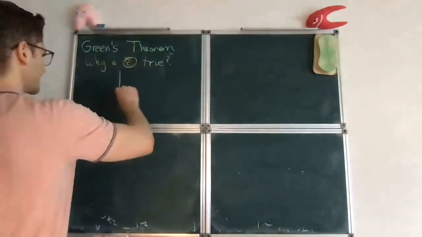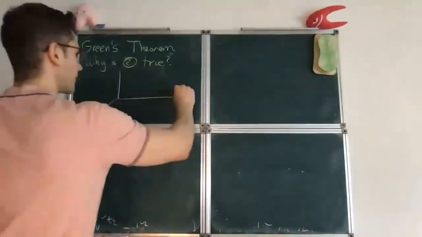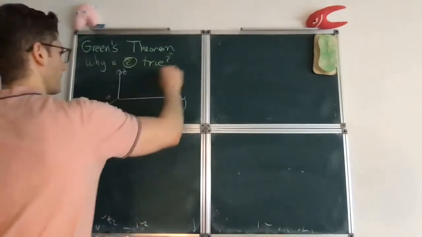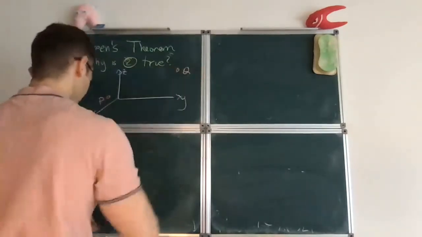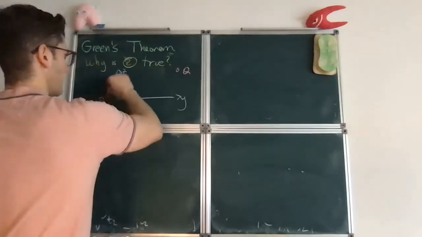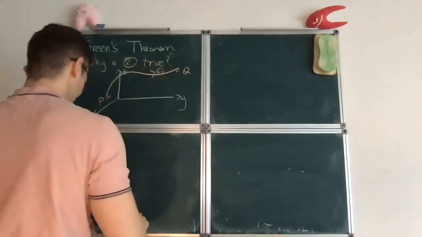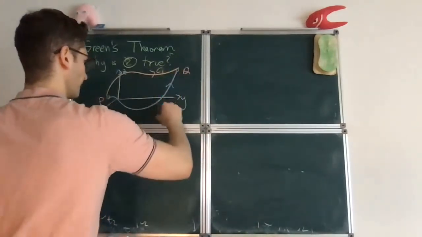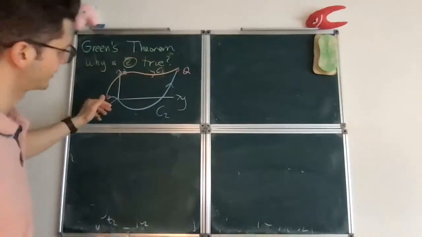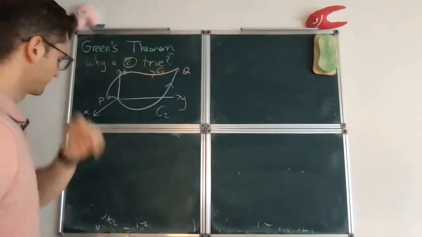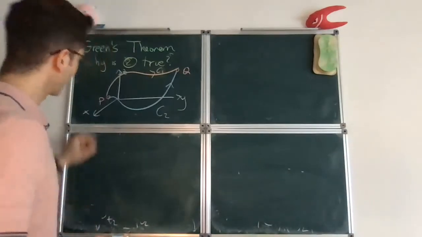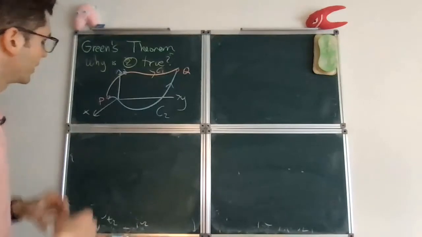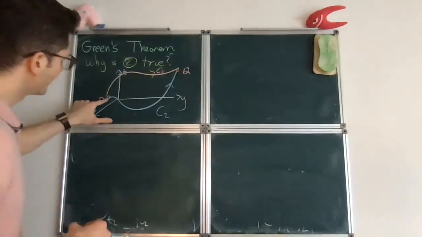So again, the statement of the vector field being conservative is that if you choose 2 points, P and Q, and you take 2 curves, C1 and C2, then the work along C1 has to be the same as the work along C2, right? And so how can we see that under the assumption that the work is always 0 along any closed loop? Well, the observation is that you start at P and you go to Q.